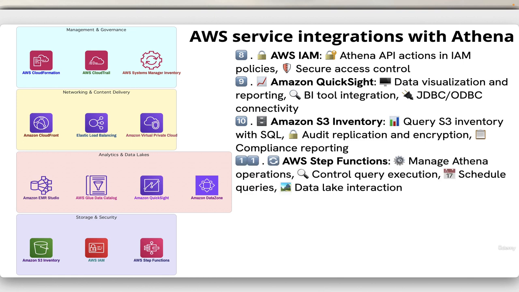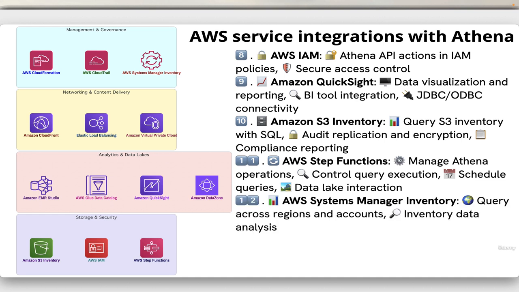AWS Step Functions. AWS Step Functions can manage Athena operations through Amazon States Language, which allows query execution control, result retrieval, ad hoc or scheduled queries, and data lake interaction in Amazon S3. The Step Functions role requires Athena permissions. AWS Systems Manager Inventory.